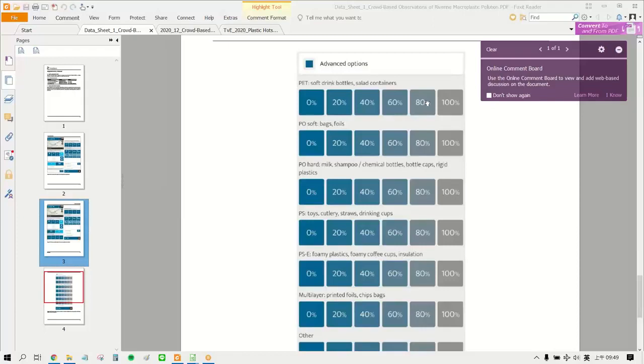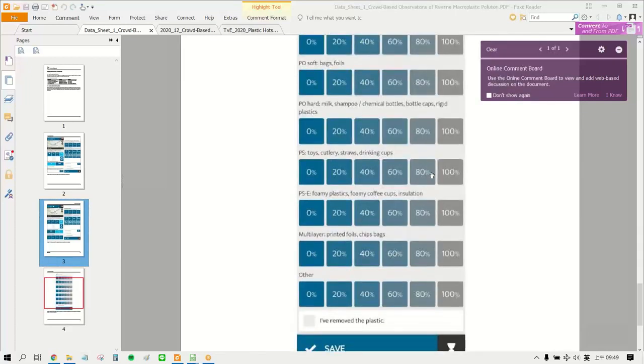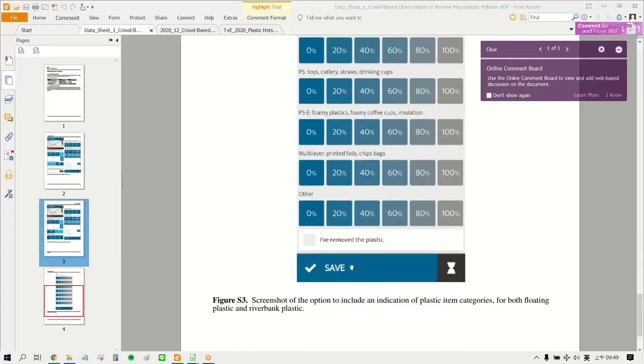They only use visual counting. For example, if I do this survey and I feel it is very much taken by PET bottles, probably I will think it's 80 or 60% of all items I count is PET bottles. But you don't have to give the absolute numbers. So it's much easier than picking up and counting everything, and it saves the data you can upload.